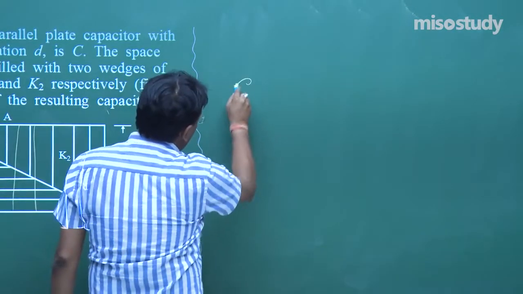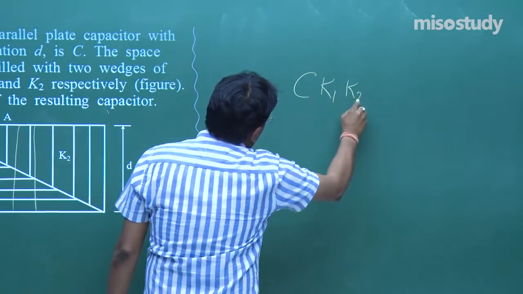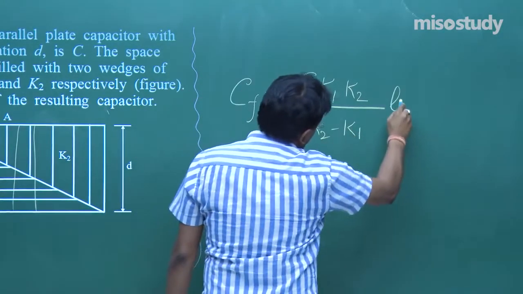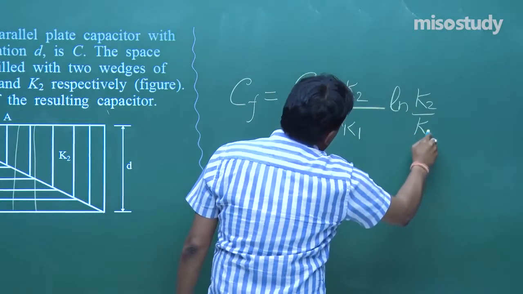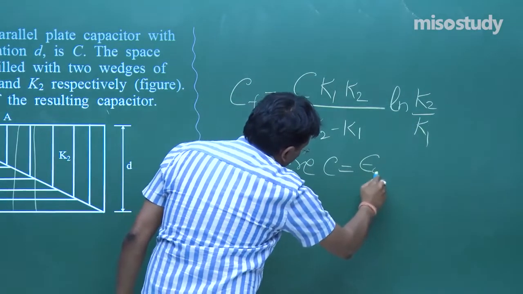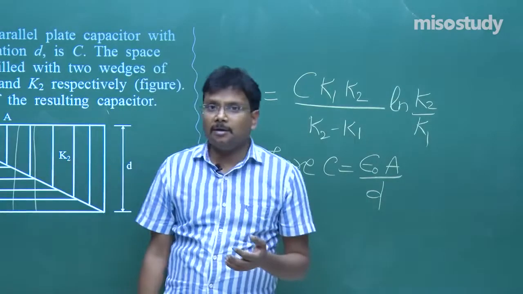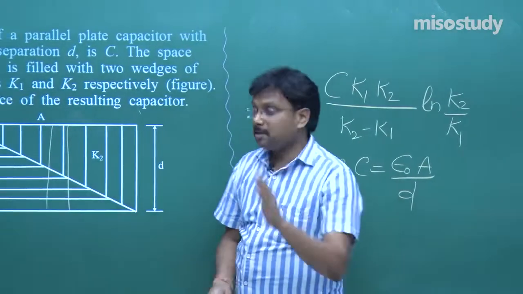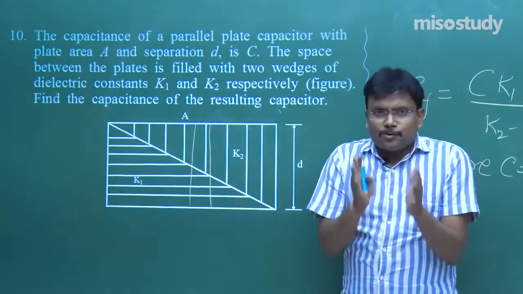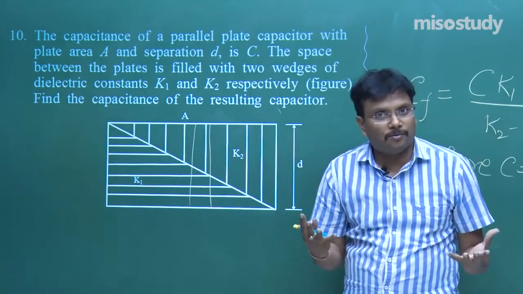So finally C final is equal to C K1 K2 upon K2 minus K1 times ln K2 by K1, where C is equal to epsilon naught A by D. Yes, this question number 10 was slightly long, but I discussed it just to emphasize that mentally you should be ready for some difficult long questions also, fine.